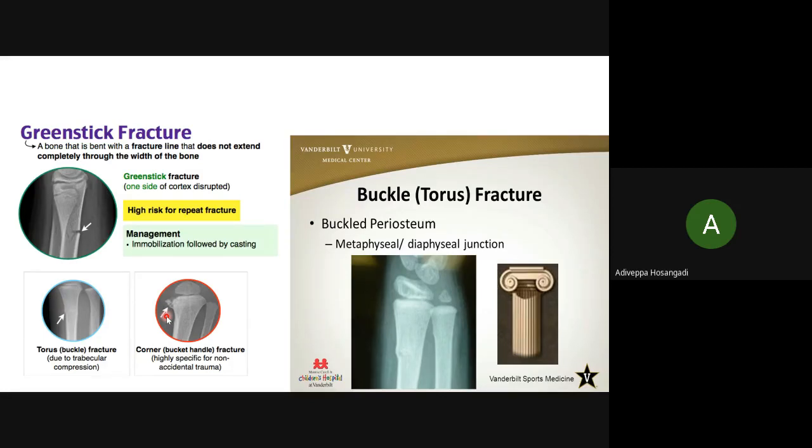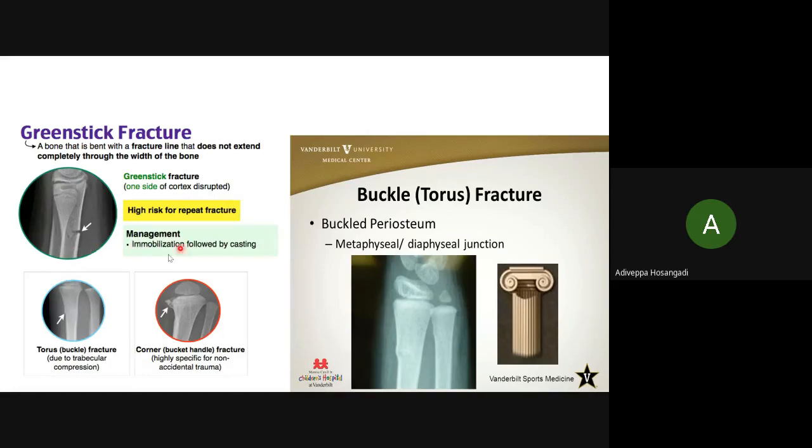It is loss of strength of the bone. You need not see a clear-cut discontinuity, although the definition of fracture is discontinuity of the bone. But in children, a greenstick fracture means the bone has lost its strength. One side of the cortex is disrupted, the other is intact.